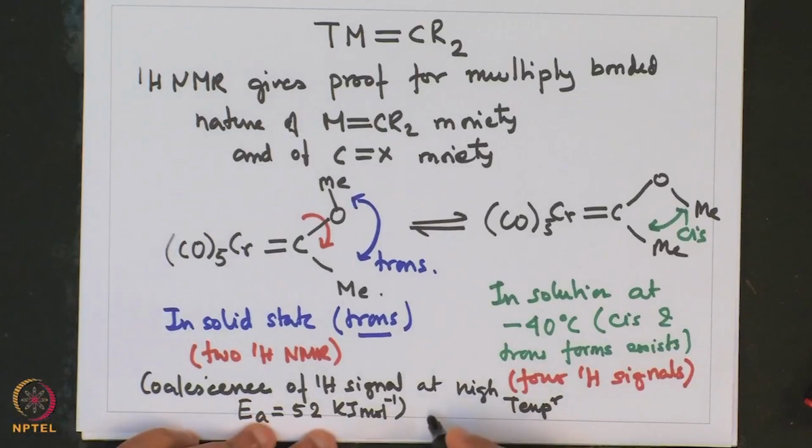So, proton NMR provides a useful insight in terms of the ability of the CO bond to rotate by looking at the spectroscopic signature, and this is something which is unique to proton NMR spectroscopy and cannot be observed by other spectroscopic methods that we had discussed in the last lecture. So, let us study this rotation in a bit more detail.